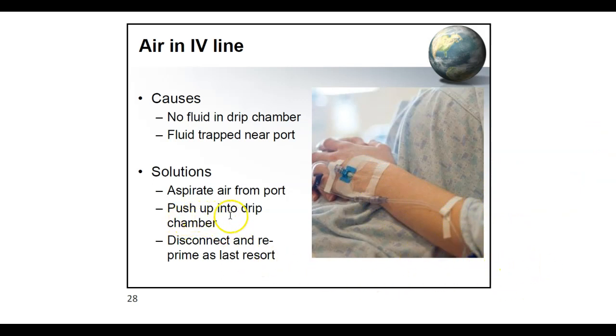Sometimes you need to push up into the drip, so literally press on the tubing to push that air up the chamber. And sometimes, unfortunately, if there's no other recourse, you need to disconnect it and reprime it or get a new setup altogether. But that's the last resort. Usually we try to avoid that because it's really time consuming and a waste of resources.